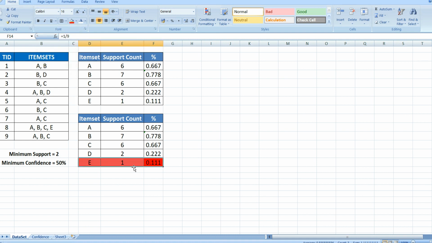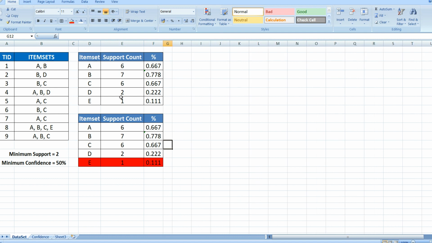So we eliminate item set E, since it's no longer a frequent item set. Once we have found the result, we then continue to generate the next item sets, which is a 2 item set.